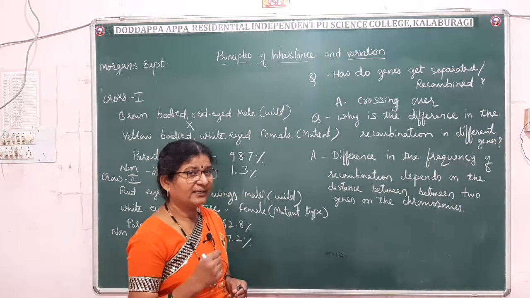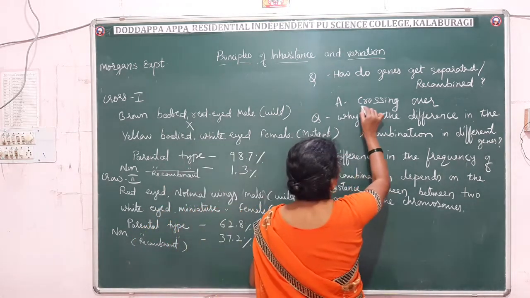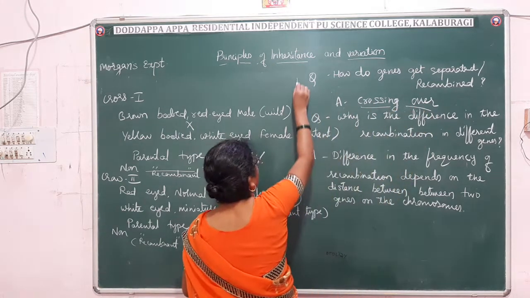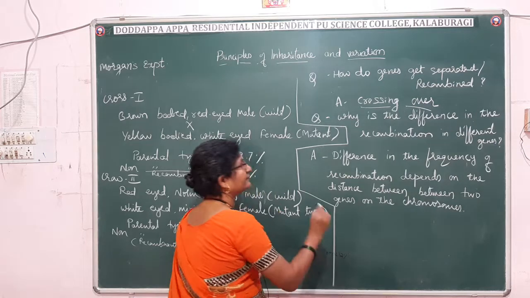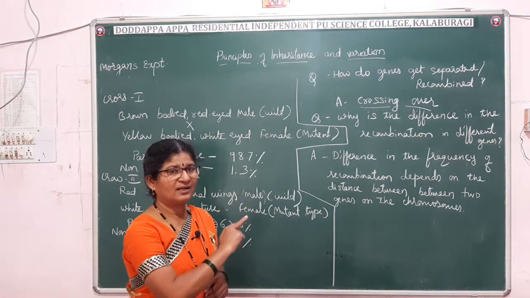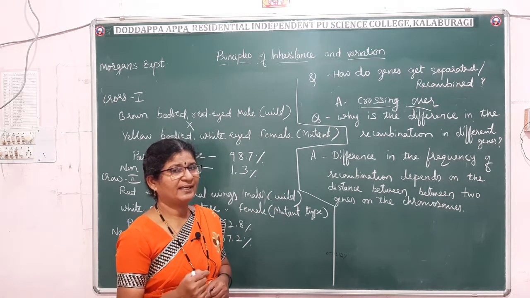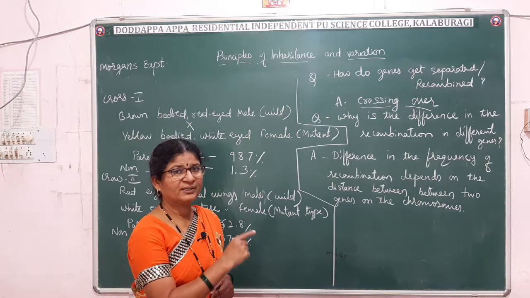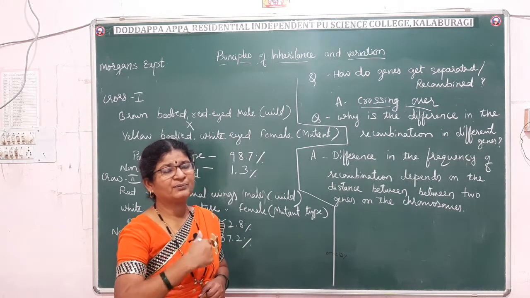So he explained that genes get separated due to crossing over during meiosis. So that question got its answer. Genes get separated because of the crossing over which takes place in meiosis 1, and that too in prophase 1.